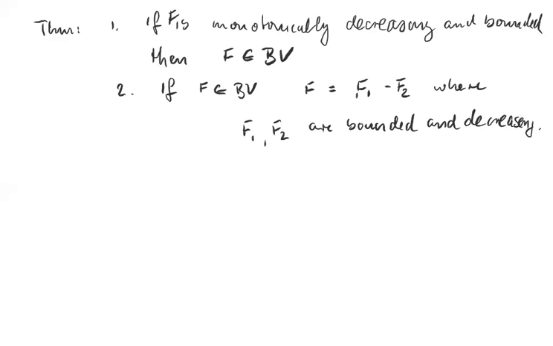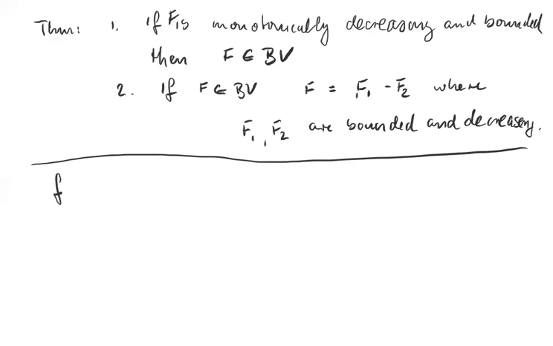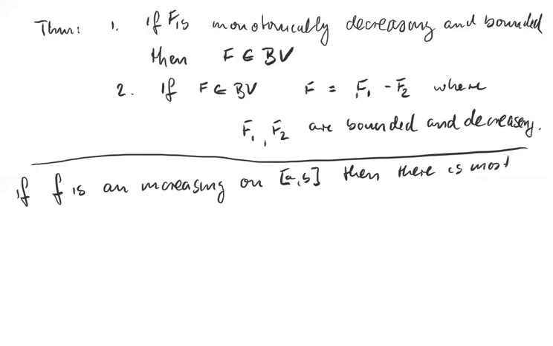Now there's an interesting aside here. In 450A, in advanced calculus, you learn that if f is an increasing function or decreasing function, if it's monotonic on the interval AB, then there are at most countably many discontinuities.